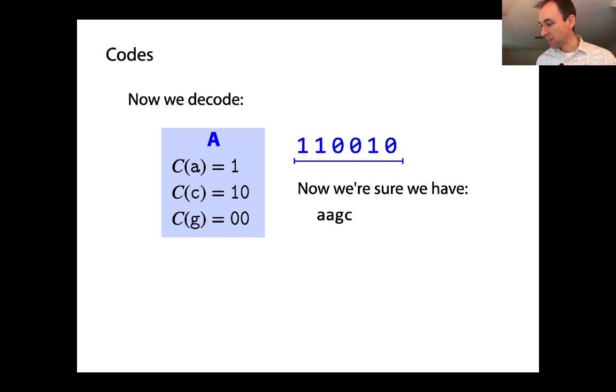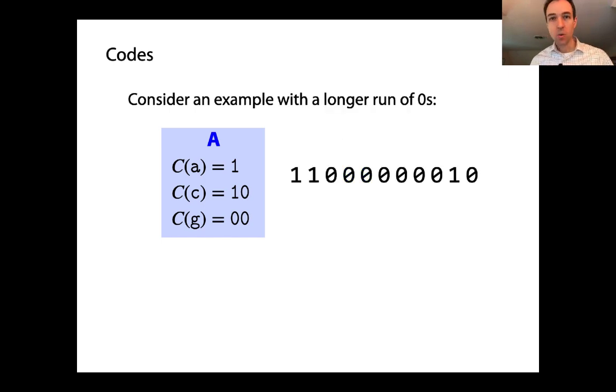But what was interesting is that there was an ambiguity that actually lasted for a little while in the middle there. And now we can magnify that with an example that has a longer stretch of zeros in the middle.